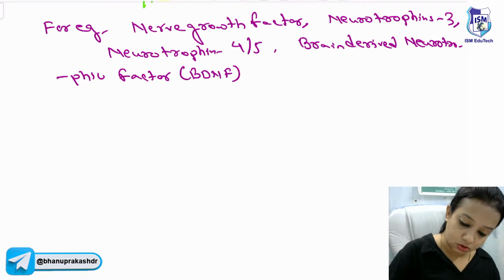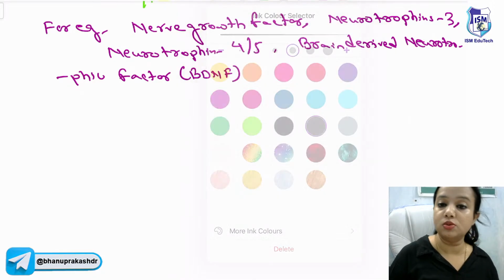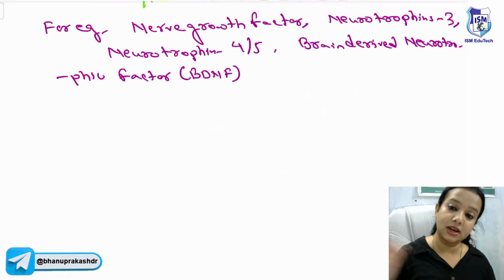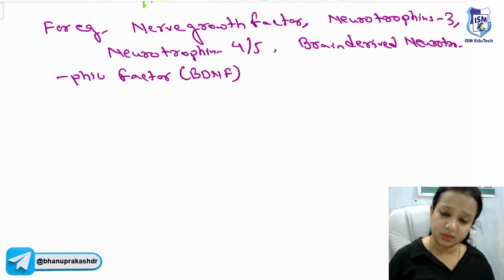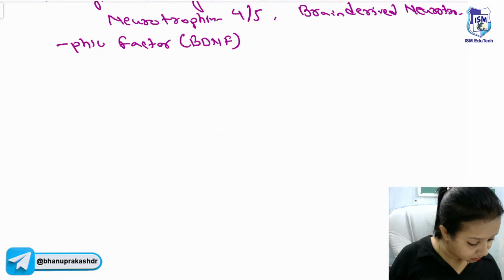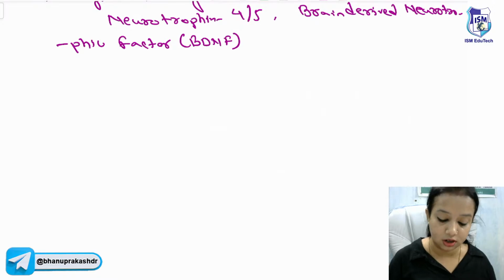Now, these neurotrophins use a particular receptor to get inside the cell. So, which glycoprotein facilitates endocytosis? This is what we are actually talking about.